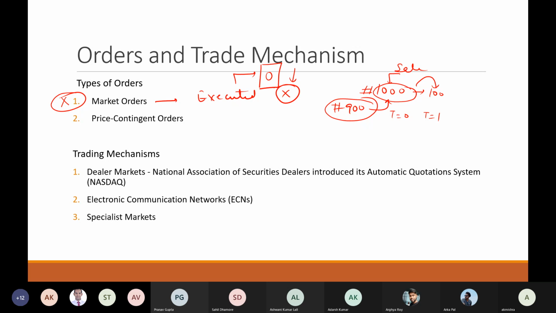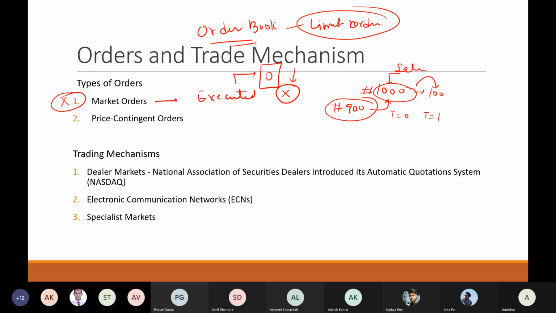But when we talk about the order book, this book will tell you all the information about limit orders: how many orders came in the market and traded.